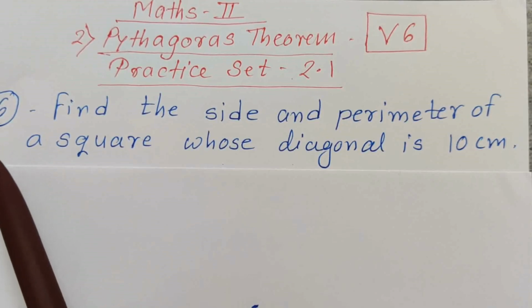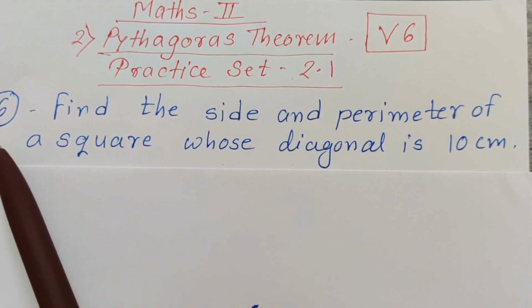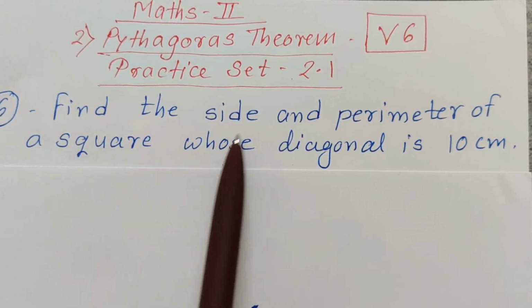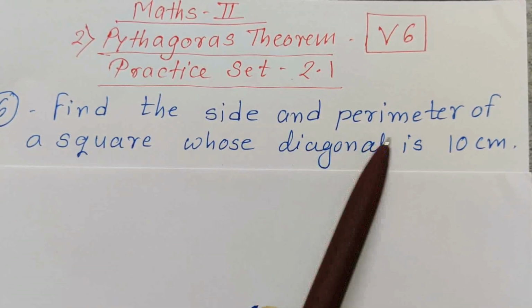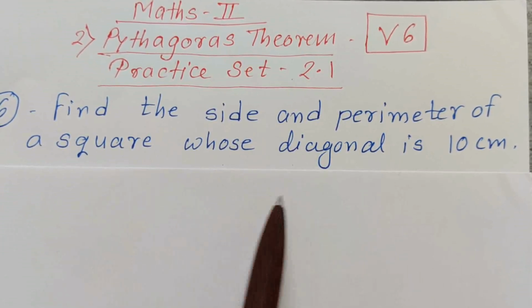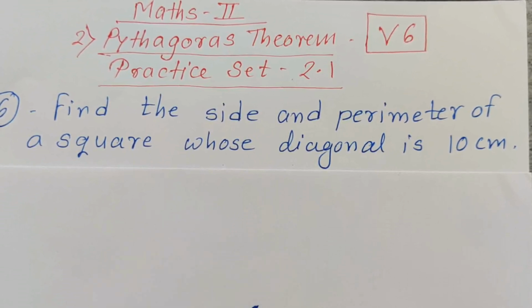Here on the screen you can see example number 6. Find the side and perimeter of a square whose diagonal is 10 centimeter. It is a very simple example.